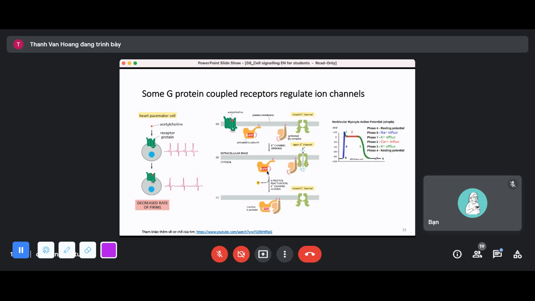So after the alpha subunit of the G protein is bound to GTP, the GTP will be hydrolyzed into GDP, and the alpha subunit will reassemble with the beta and gamma subunits again and become inactivated.